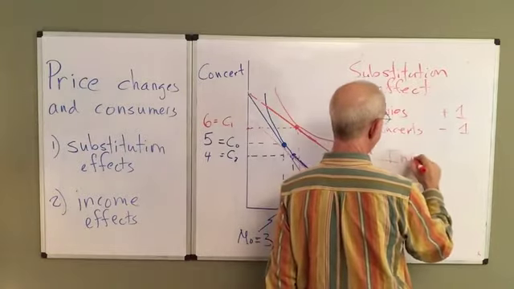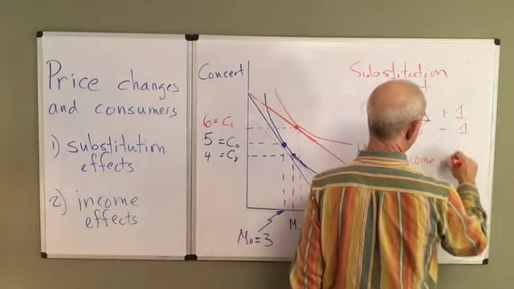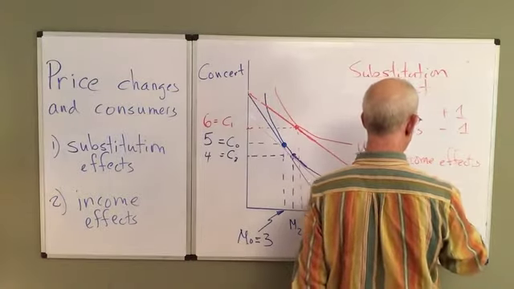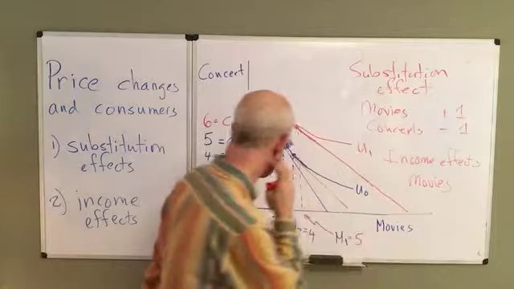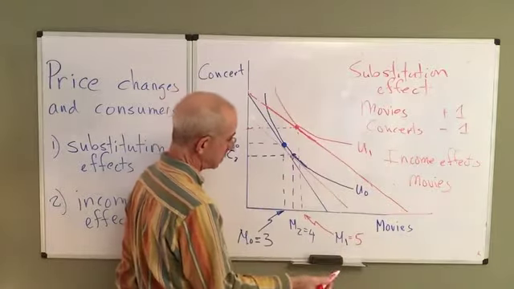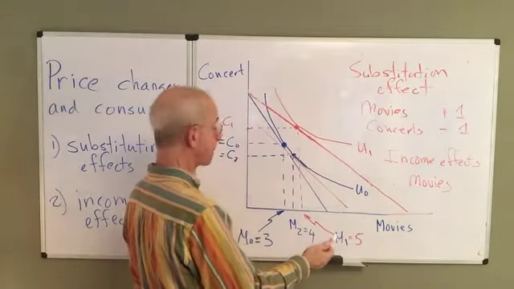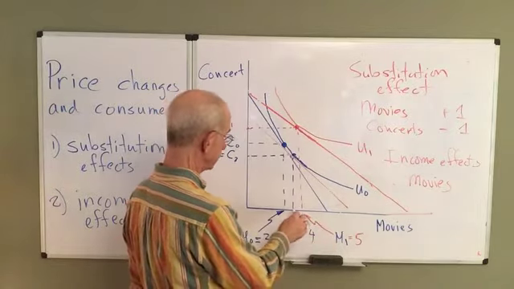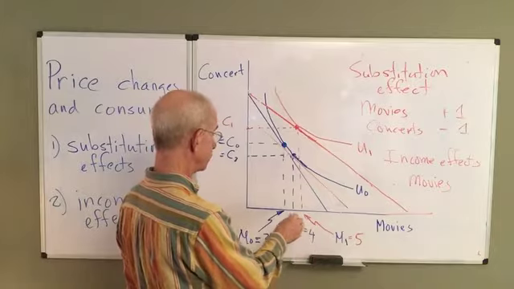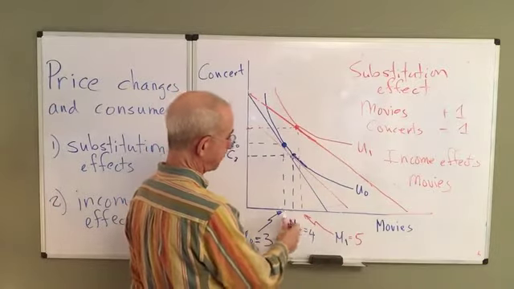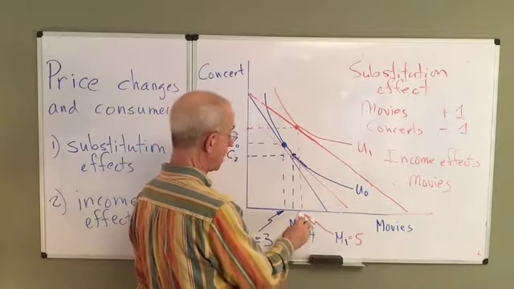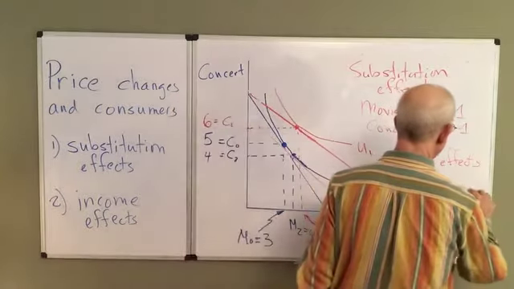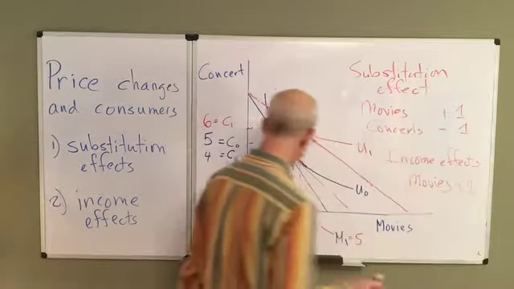The income effect for movies: we're going to start with the 4 units, and the increase in income gets you up to 5 units, so it's +1.